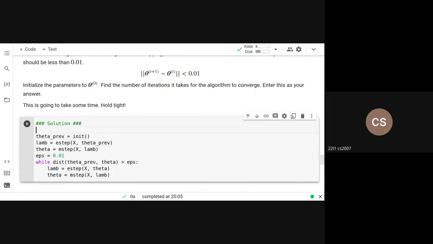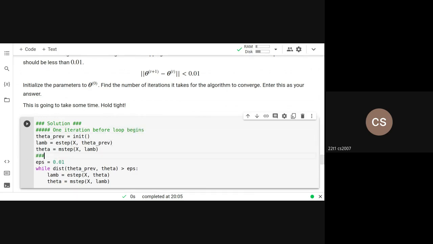Write this down: one iteration before the loop begins. Start with one theta, do one E step, do one M step. So I have one theta previous and one theta.